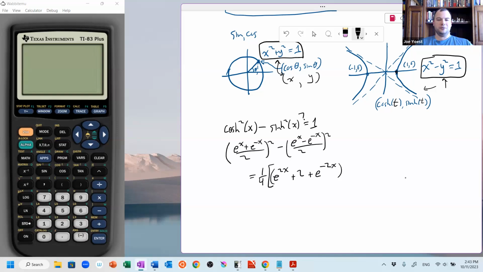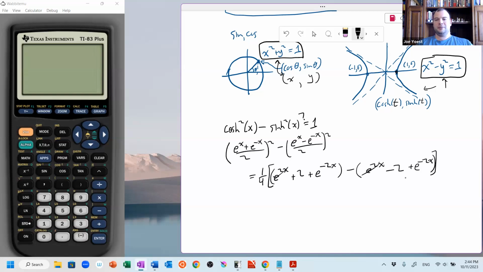That's from the cosh squared numerator. And then minus from the sinh squared numerator, I get an e to the 2x. And then I get minus 2 times e to the x times e to the minus x, which is just minus 2. The e to the x times e to the minus x cancel. And then I get plus e to the minus 2x.